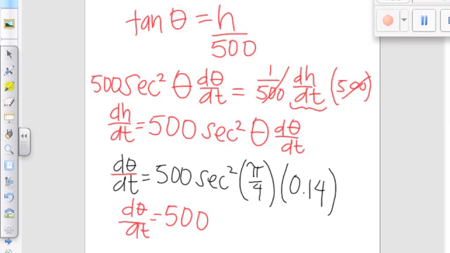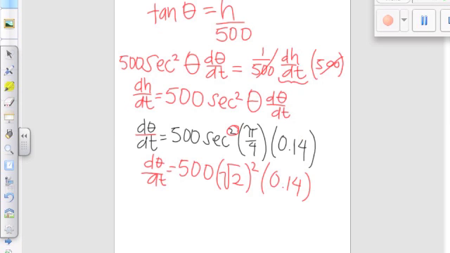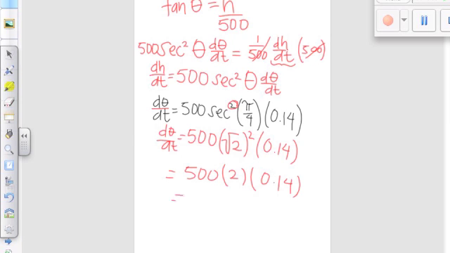Yes, know your trig chart. So square root of 2 squared, right, because of this right here. Then 0.14. And then you can do it by your calculator or whatnot. So 500 times, these cancel, so 2 times 0.14. That gives me 1,000 times 0.14, which means I move my decimal 3 times.